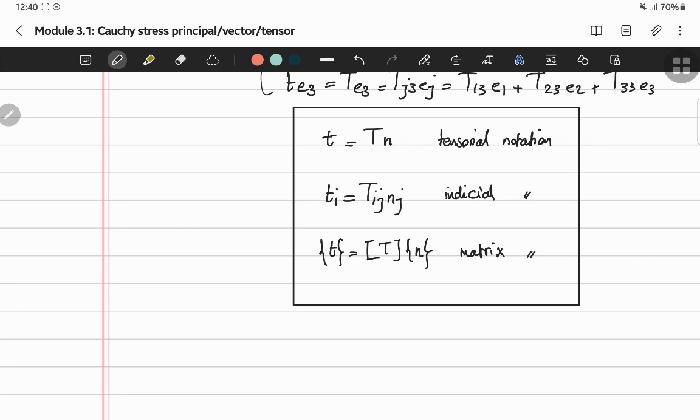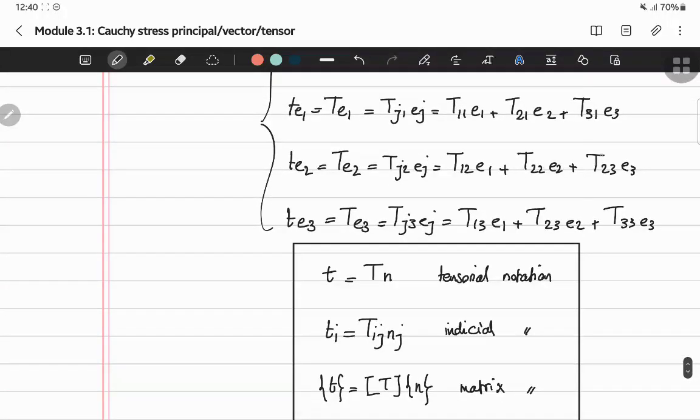I already told you that this is Tij nj. So it depends on how you transform your unit vectors, whether you fill them vertically or horizontally, and you need to follow certain rules. Here we use Tij nj since we fill in the T in matrix format vertically.